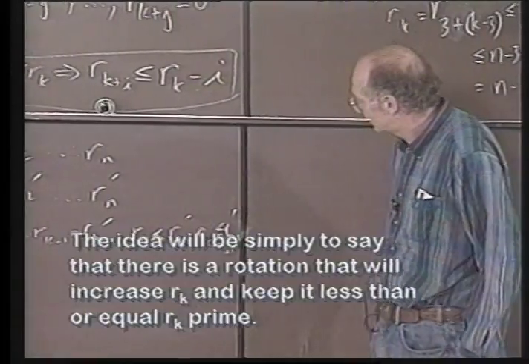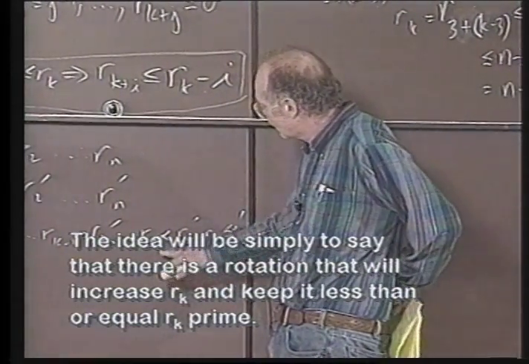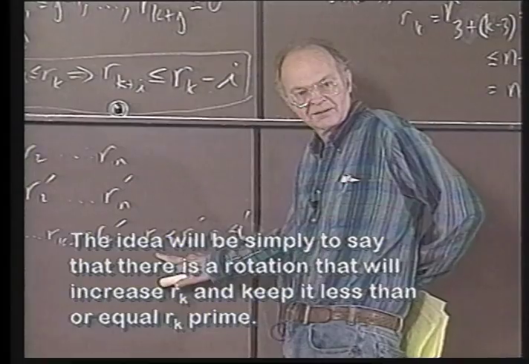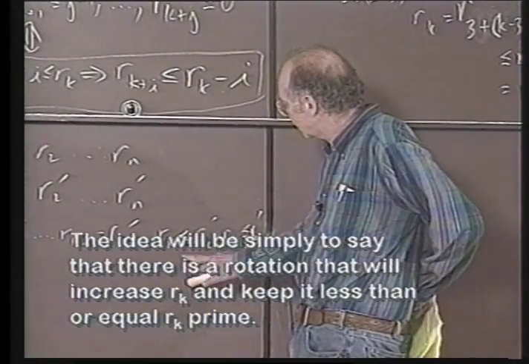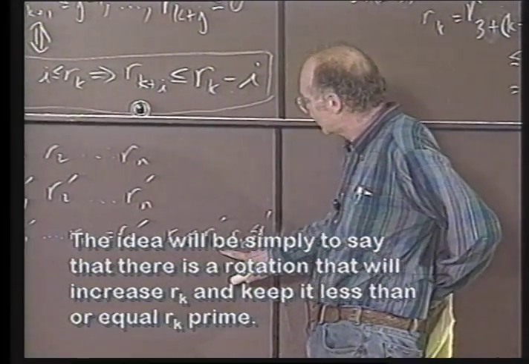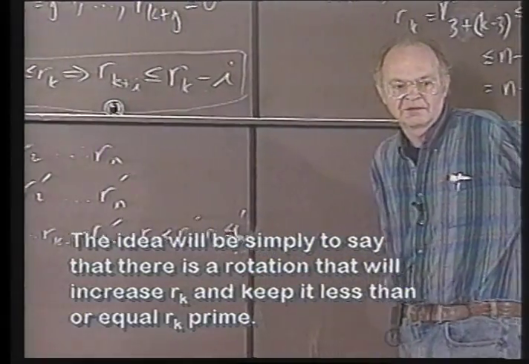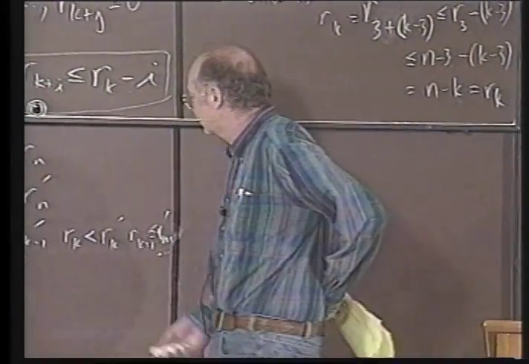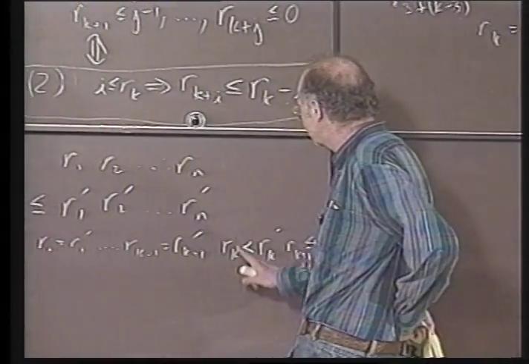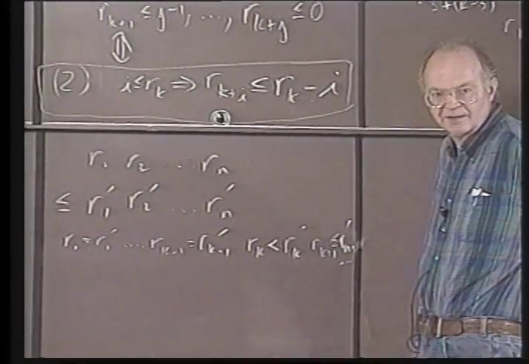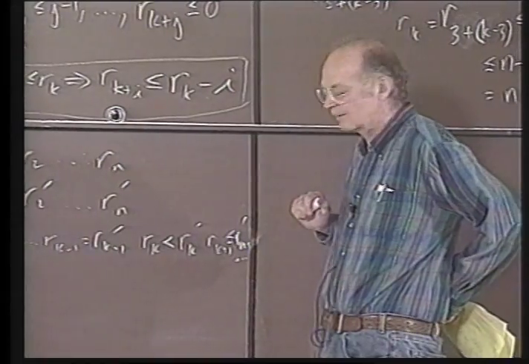So the idea will be simply to say that there's a rotation that will increase RK and keep it less than or equal to RK prime. If I can do a rotation here that'll increase RK, but won't change any of the others. Remember, a rotation only changes one of the R's at a time.